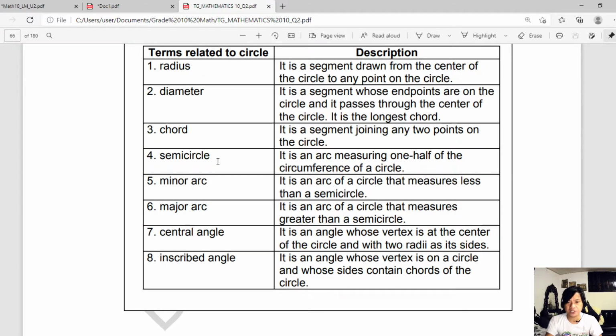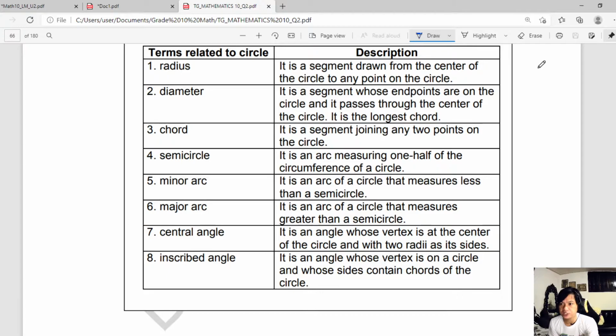Next one, a semicircle. Semicircle, it is an arc measuring 1/2 of the circumference of a circle. So repeat natin yung geometry natin, no? Ano ba yung measure ng isang circumference ng circle?